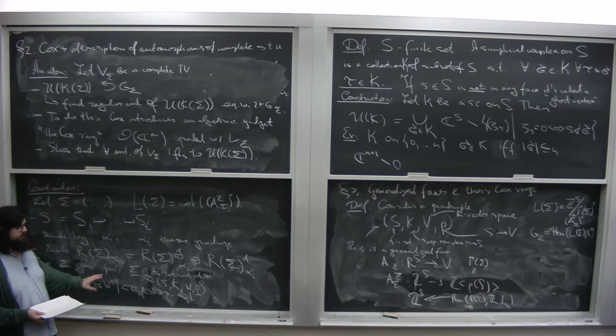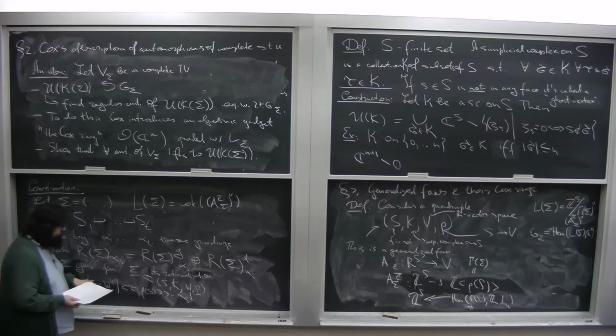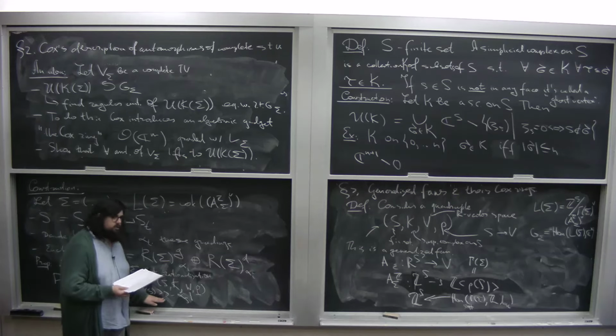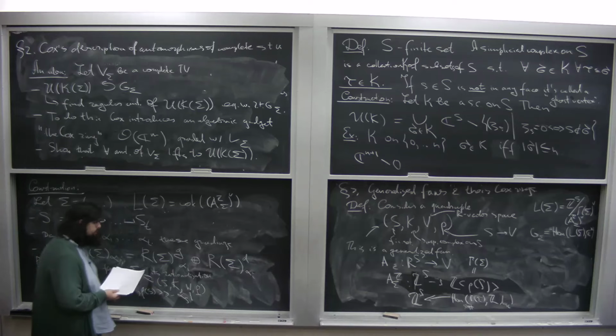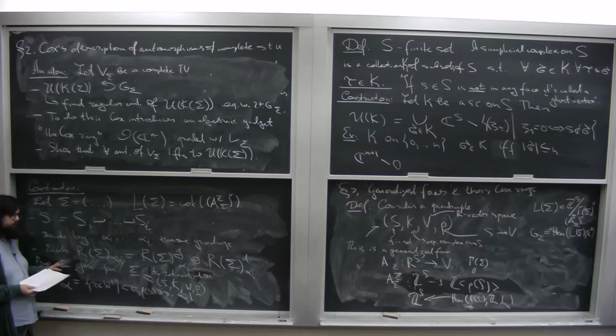So this is some sort of polyhedron inside of W dual. This is very important. This is, in some sense, essentially where the compactness of the quotient variety or quotient stack comes in.